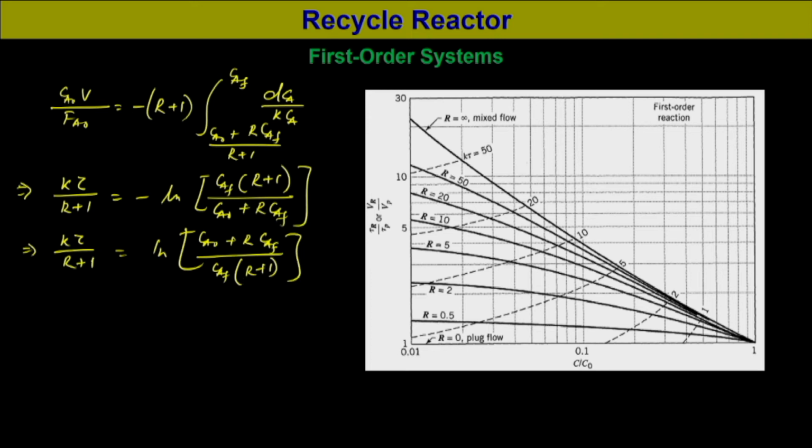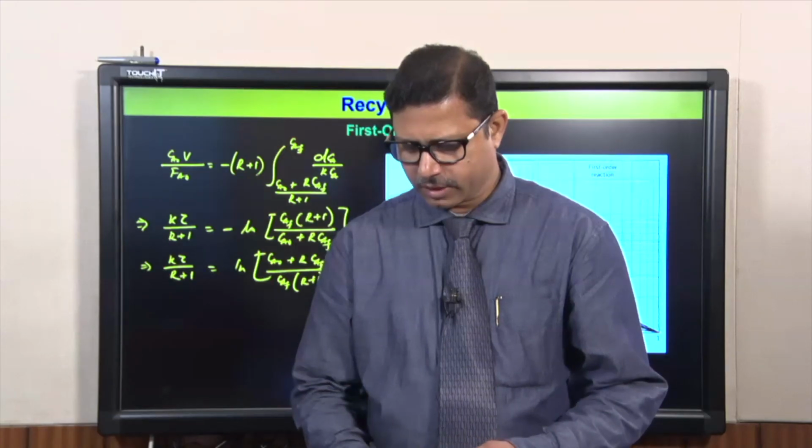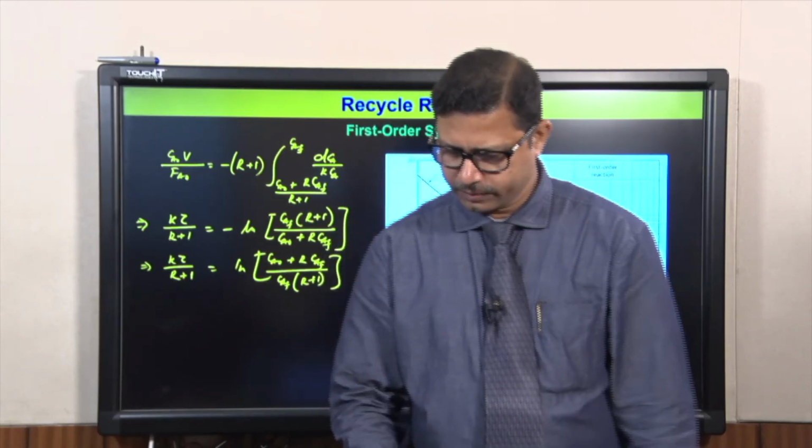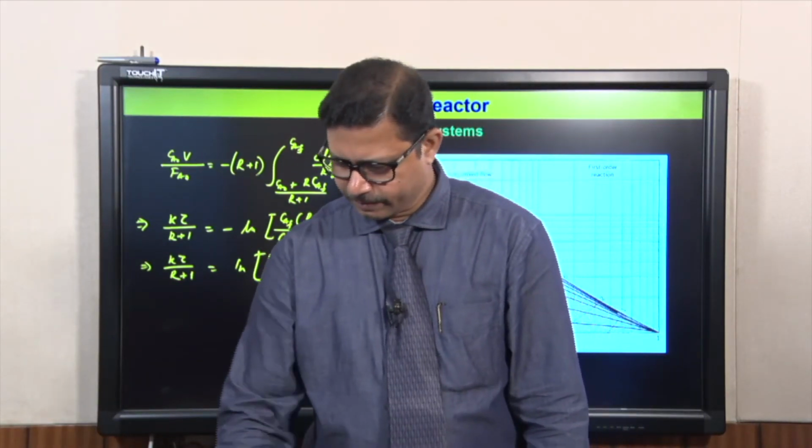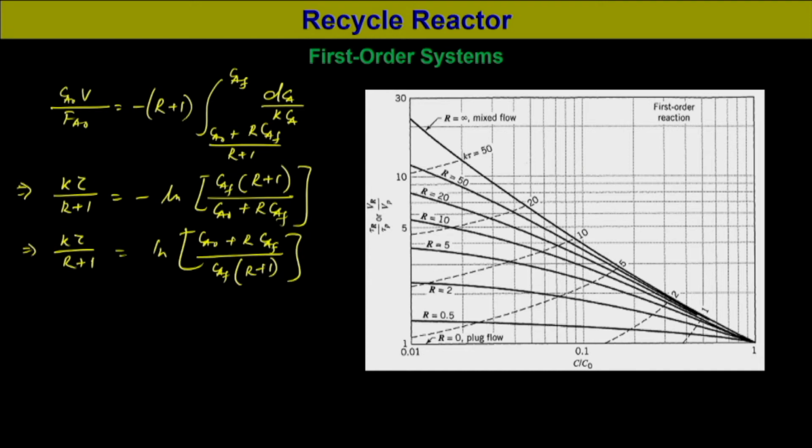So, now if we take the ratio between the space time or residence time, or the volume ratio, of the recycle reactor and the plug flow reactor, we can see for the first order reaction from this Levenspiel plot that when the recycle is large, it behaves like a mixed flow reactor (MFR) when R tends to infinity.